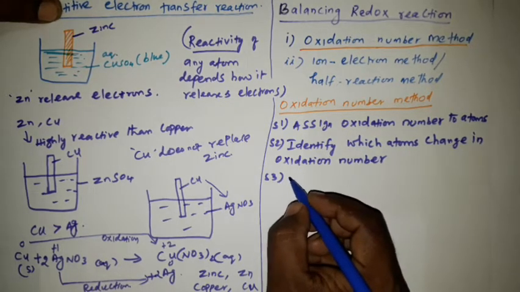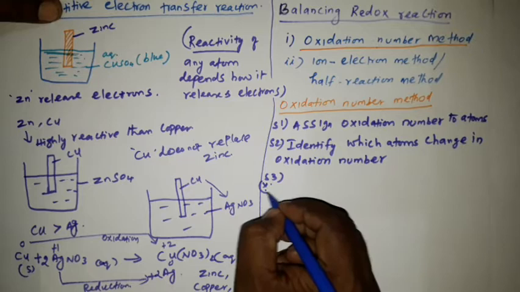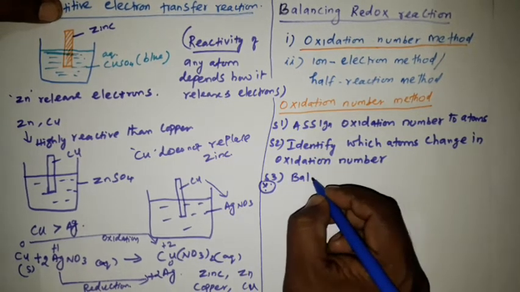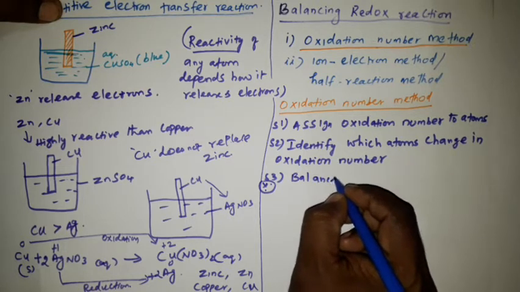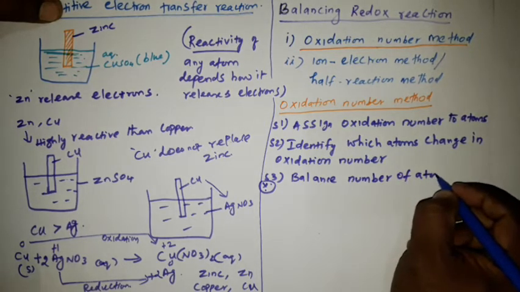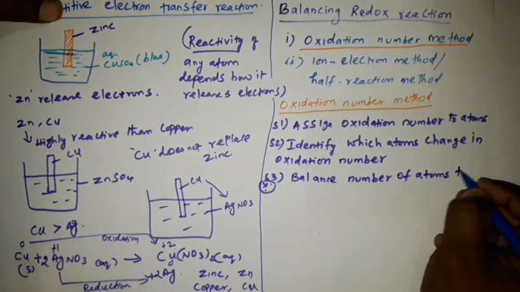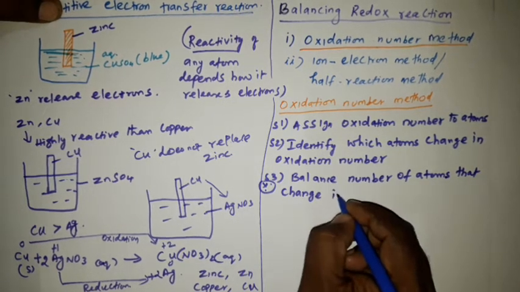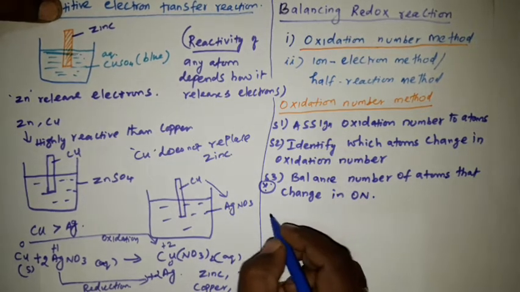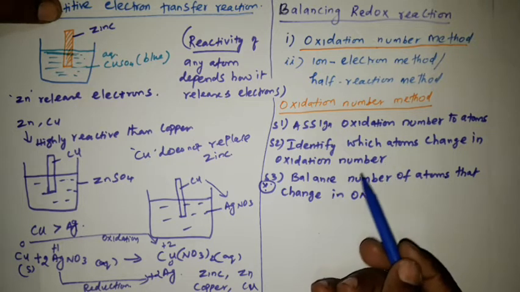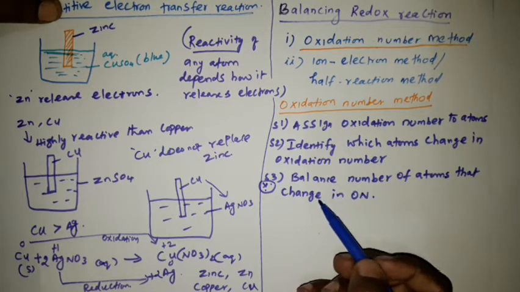Then step 3, this is very important. Balance the number of atoms that change in oxidation number. After identifying oxidized and reduced atoms, in step 3 you are going to balance those particular atoms only.